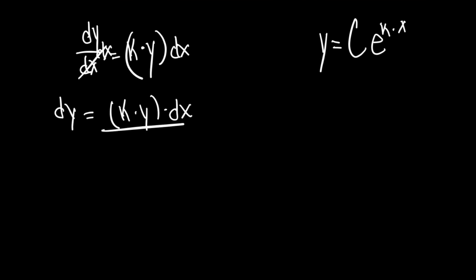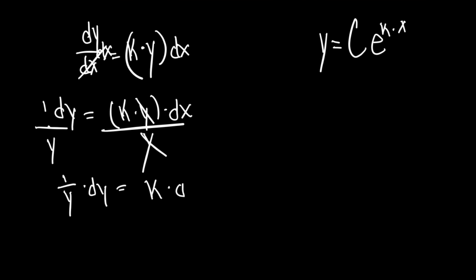Then we focus on moving the y from the right side to the left side, so we divide by y, which cancels the y on the right, and we multiply dy by 1 over y. So we're left with 1 over y times dy equal to k times dx.